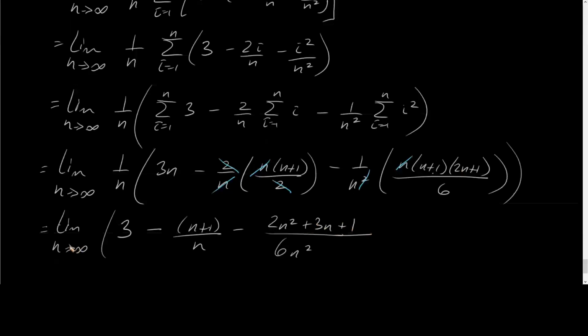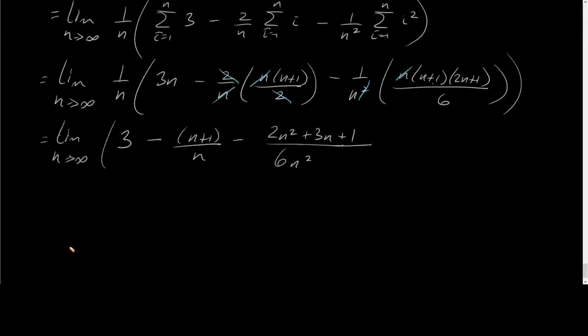And we're taking the limit as n goes to infinity, right? And in here, what we can do is apply the limit to each of those pieces separately, right? But what I'm going to do here is multiply this one by (1/n)/(1/n), and I'm going to multiply this by (1/n²)/(1/n²).